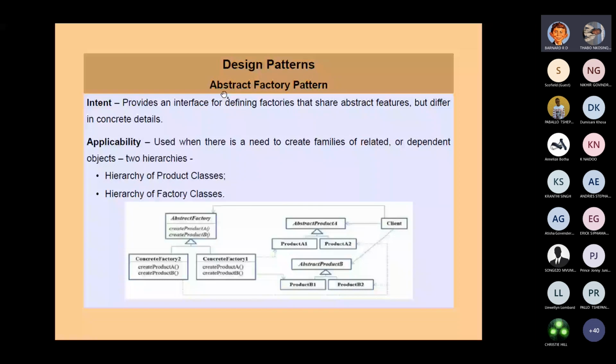In the abstract factory pattern, you have to have that abstract base class for the factory, but then you have multiple factories. And then along with multiple factories, you have multiple products. As on the right-hand side, I see there's the abstract product A and then the abstract product B.